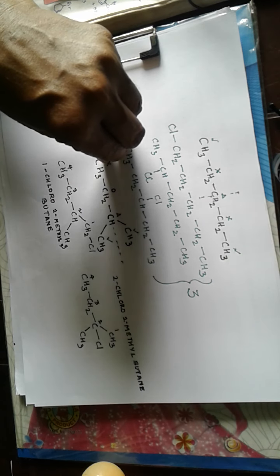Now the third isomer is obtained by replacing one hydrogen on this carbon, and the fourth isomer is obtained by replacing one hydrogen on this carbon. So you can write the structures of the other two isomers.